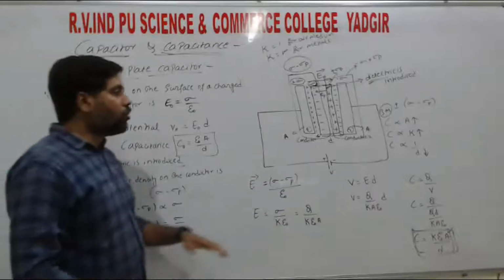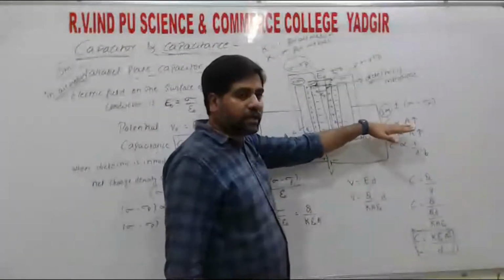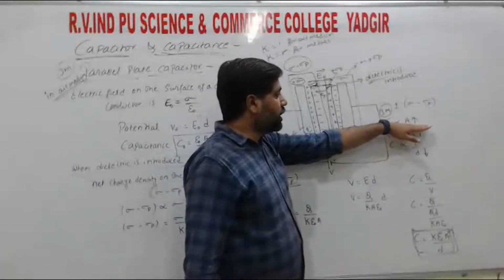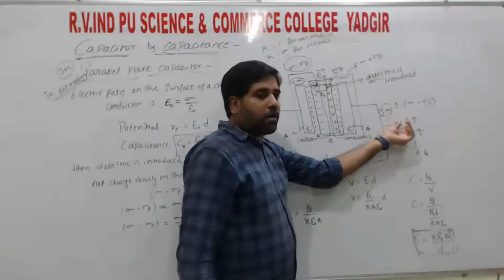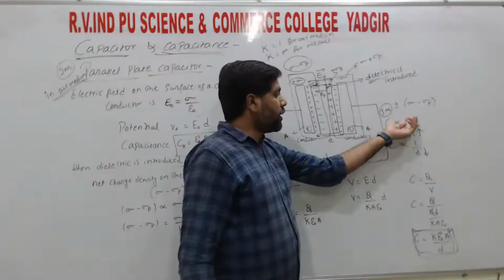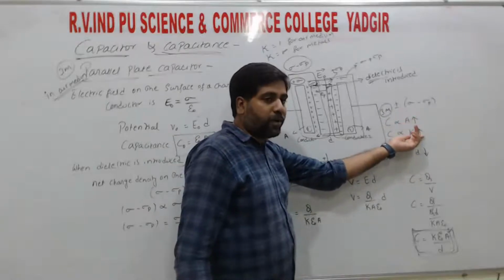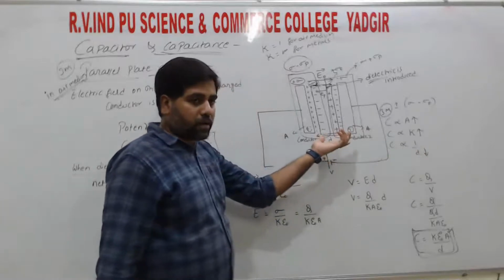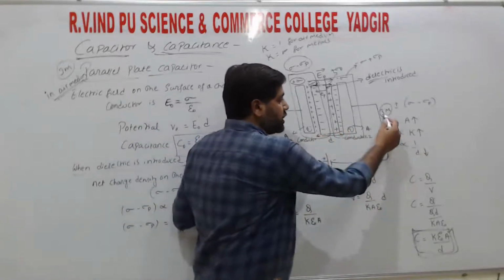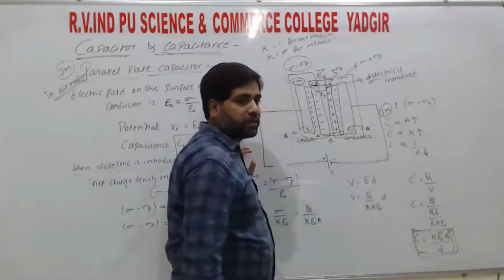If they ask how the capacitance of a capacitor increases, we need to write: C is directly proportional to the area and the dielectric medium between the plates, and if we decrease the distance between the conductors, then the capacitance of a capacitor increases.